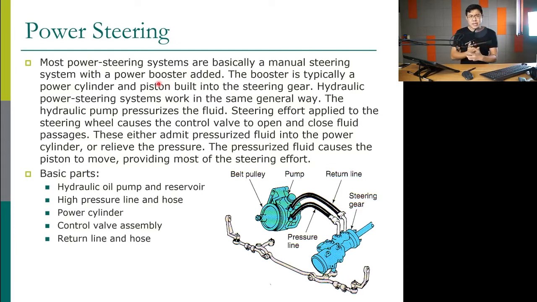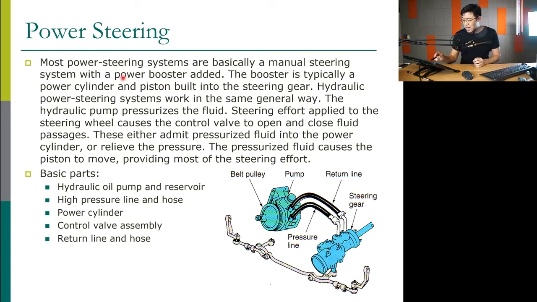Some kind of assist means there will be a system that helps us turn the steering wheel, which means that there is some system that adds force when we turn the steering wheel. So it applies some kind of force so that we don't have to apply a lot of force on the steering wheel. This is the power steering system.